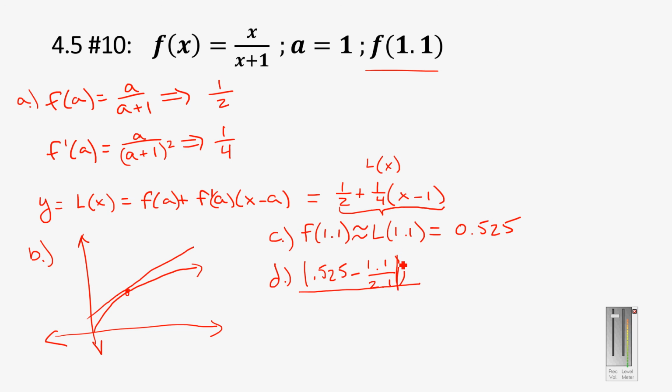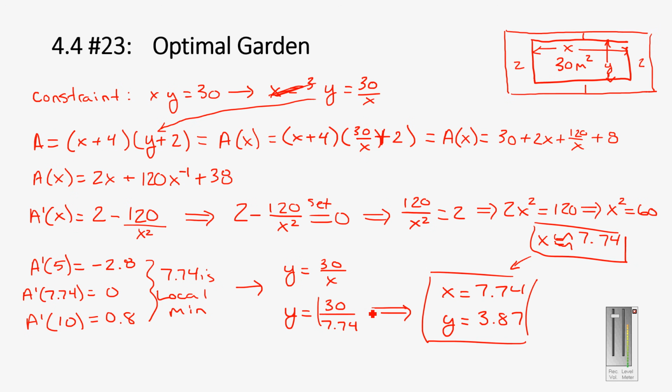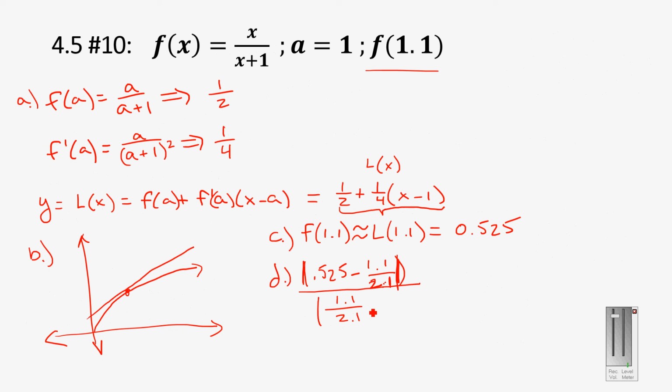And this is absolute value. And that divides by the exact value again, which is 1.1 over 2.1, and that's also an absolute value. If I compute the top and bottom there and come up with the actual number, I think you got to multiply that by 100 here too to get it into a percentage.